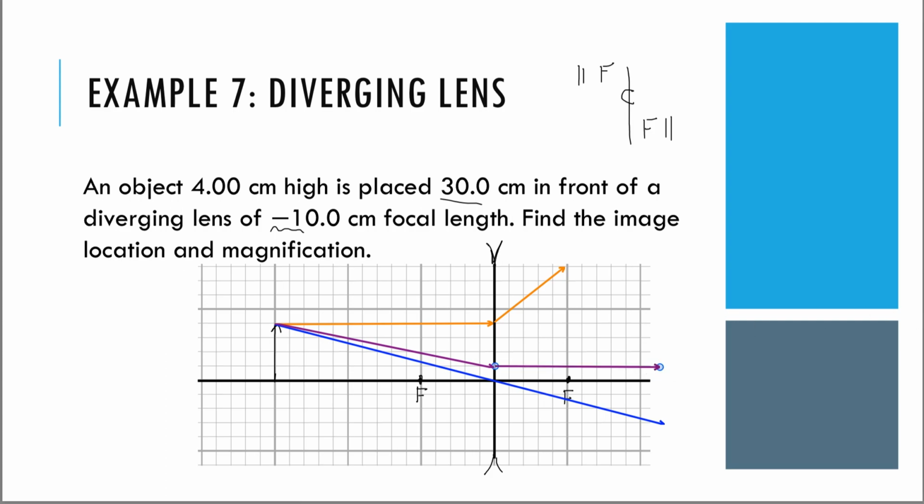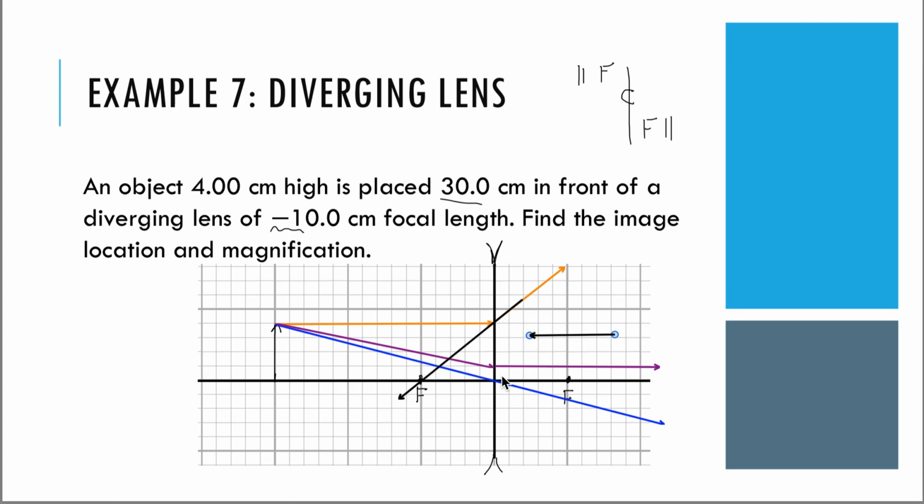And then we need to trace them back to see where they intersect to find our image. Usually I do this with a dashed line, but just a rough estimate here. Follow the slope of your original line, and we're just tracing it back this way, and then we're going to trace back the purple ray.